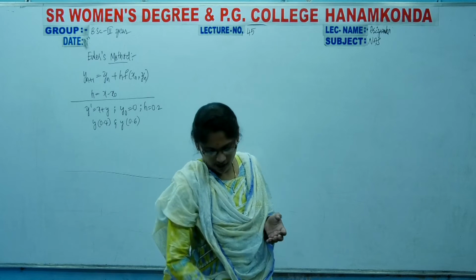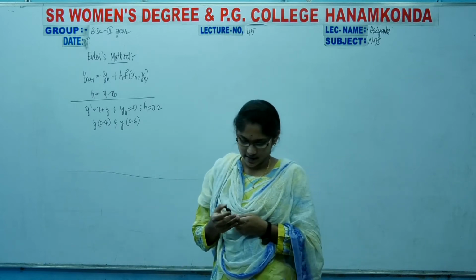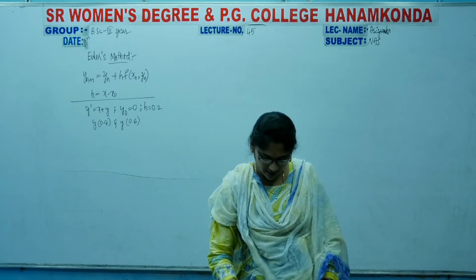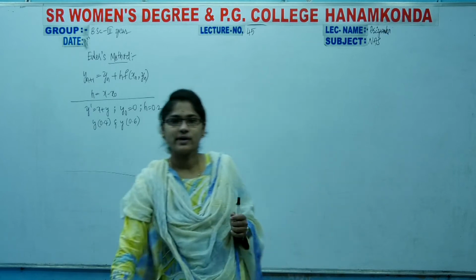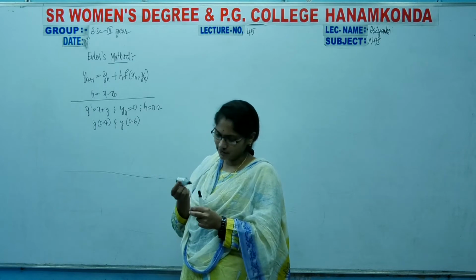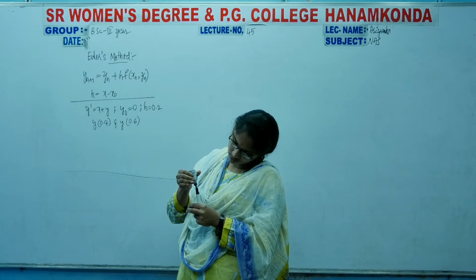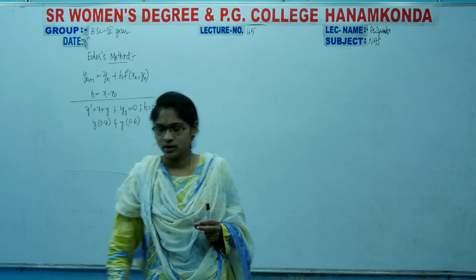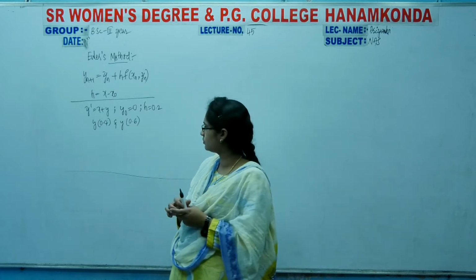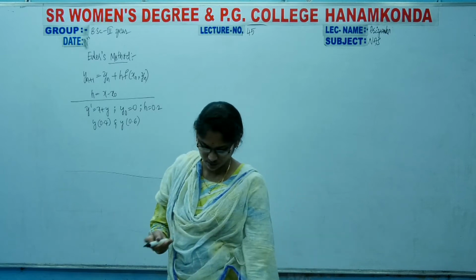Here they gave the value of y dash. Y dash means dy by dx, right? We know that dy by dx is equal to f of (x, y). So write down, given that f of (x, y) is equal to x plus y and y0 equal to 0.